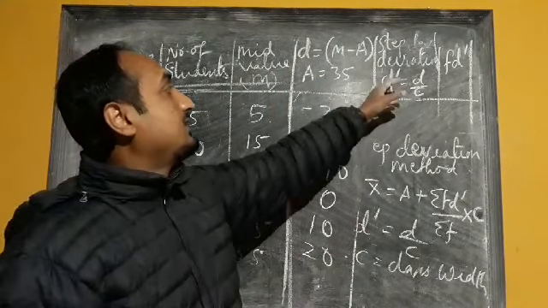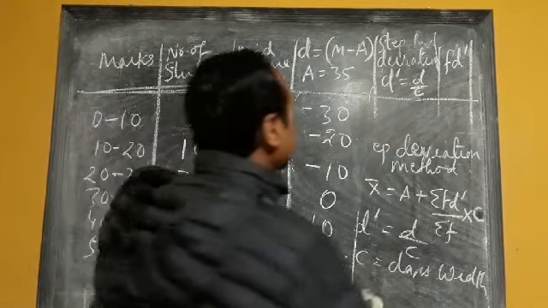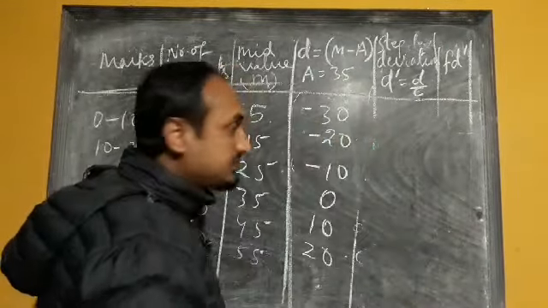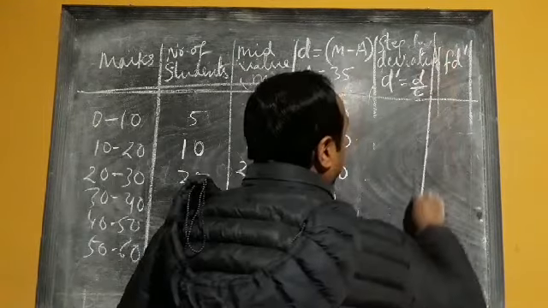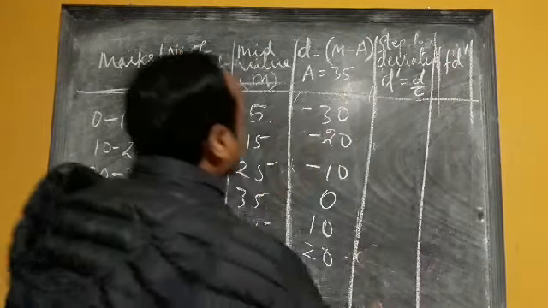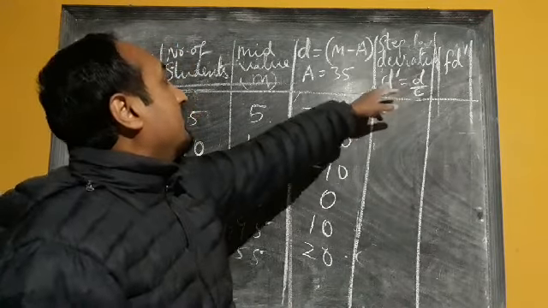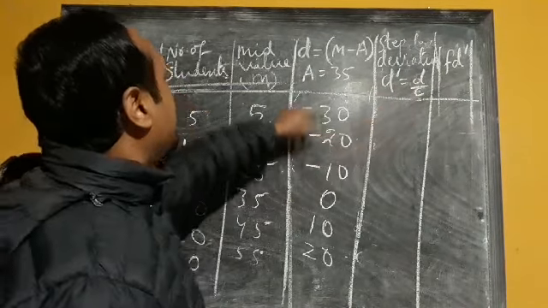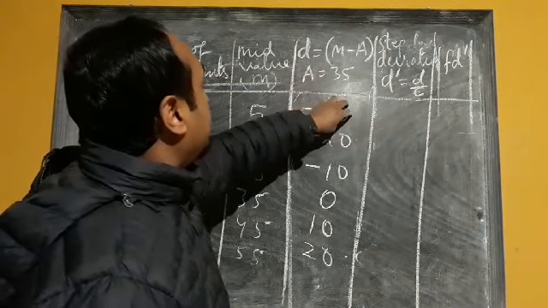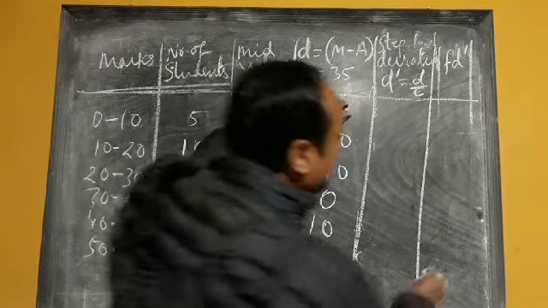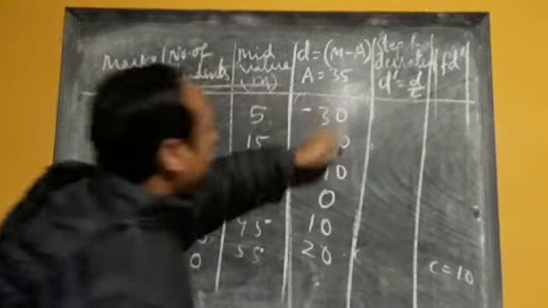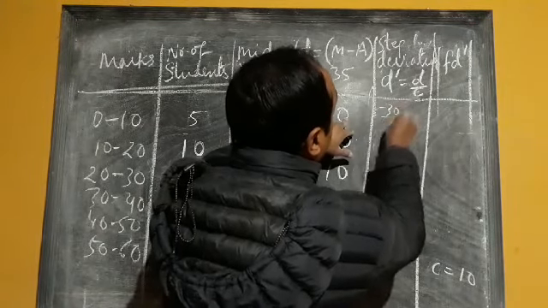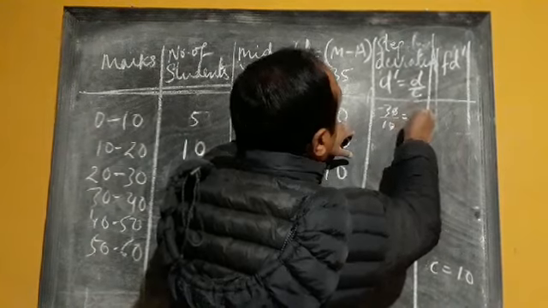Now we will calculate d dash, where d dash equals d by c, the deviation from the assumed mean divided by c. In the first case, minus 30 divided by c, where c is 10, gives minus 3.